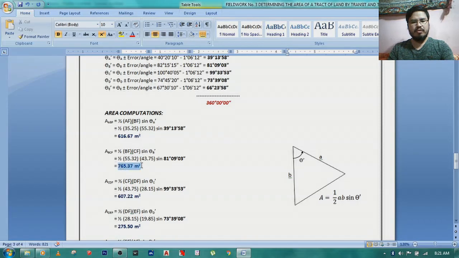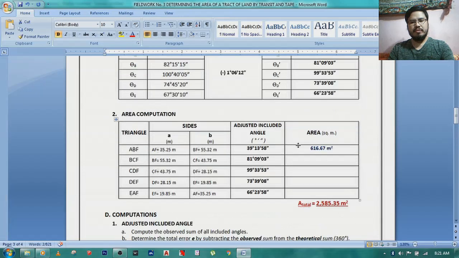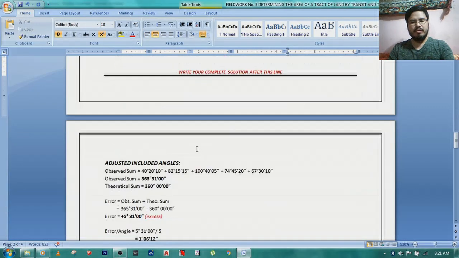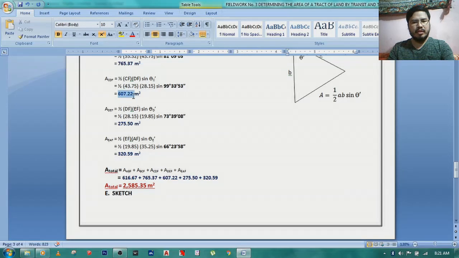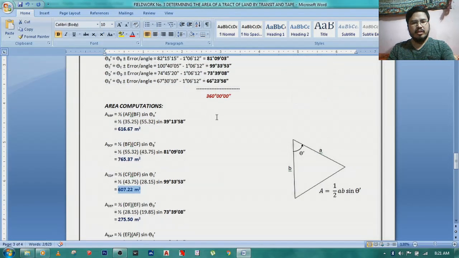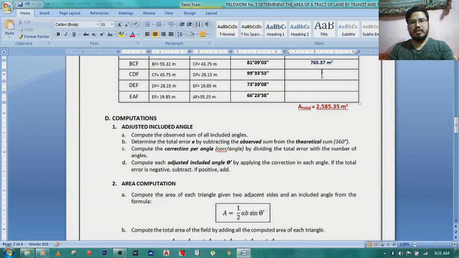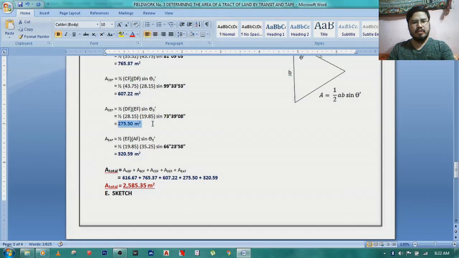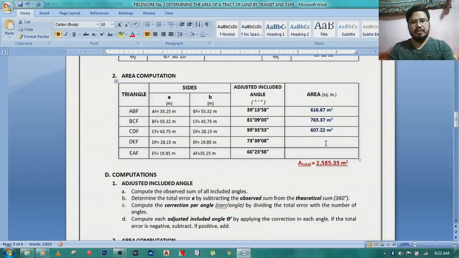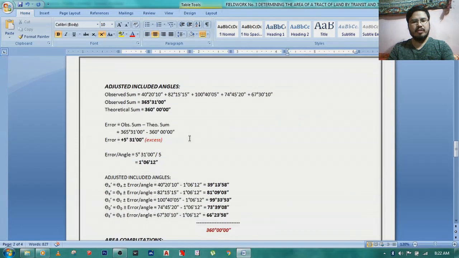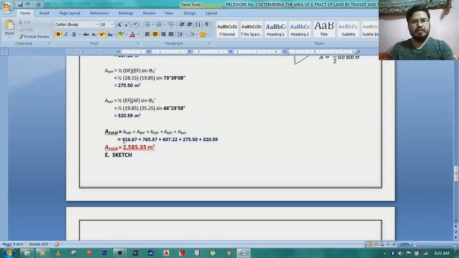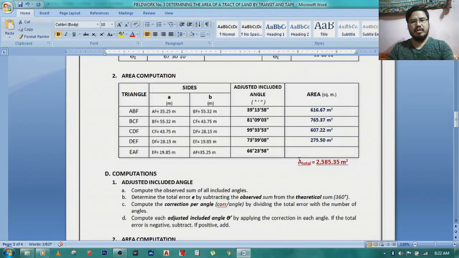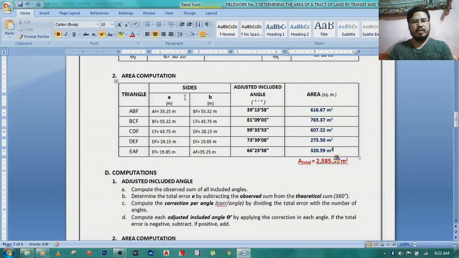We have for area BCF, we have for the third one CDF, and for DEF, and last we have EAF. Where is that? Yeah, this one. You have EAF. Okay, so that fills out our tabulation for area computation.